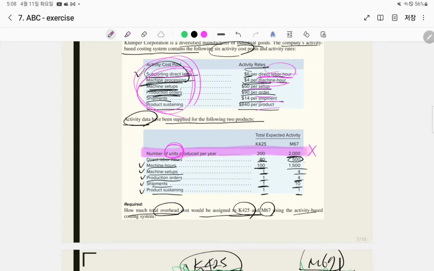Rather, we have various multiple activity measures. So by utilizing various types of activities and activity measures, we can more accurately assign overhead cost to cost objects. Okay.